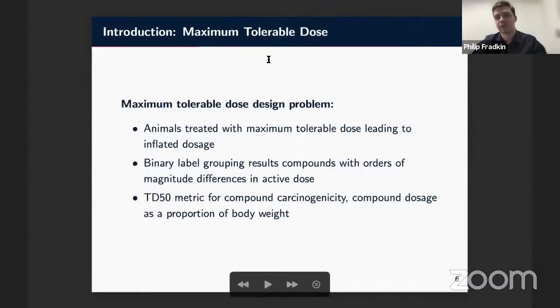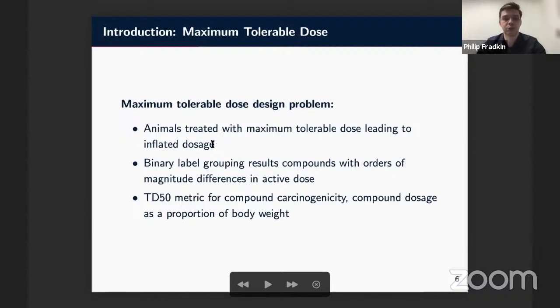A key problem in this carcinogenicity experiment space is the maximum tolerable dose design problem. The idea is that animals are treated with a maximum tolerable dose of the compound without compromising survival, which often leads to inflated dosage.